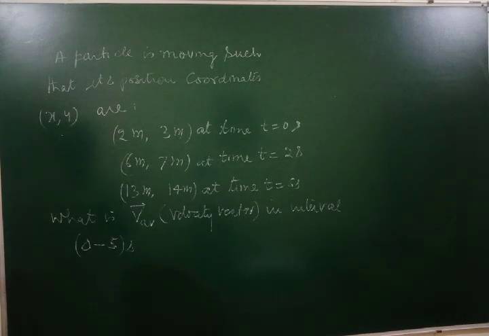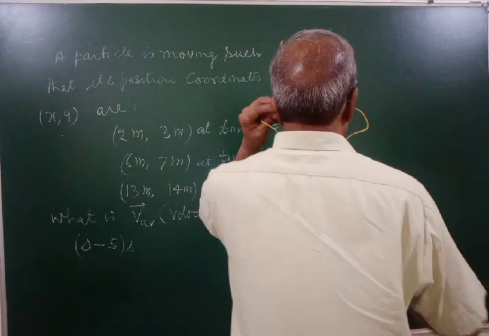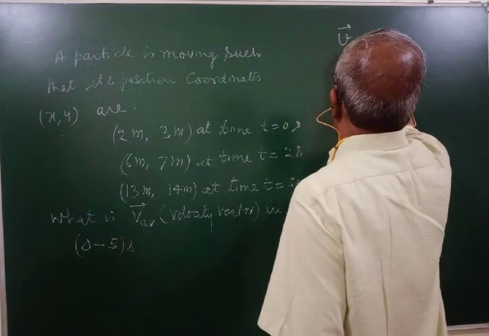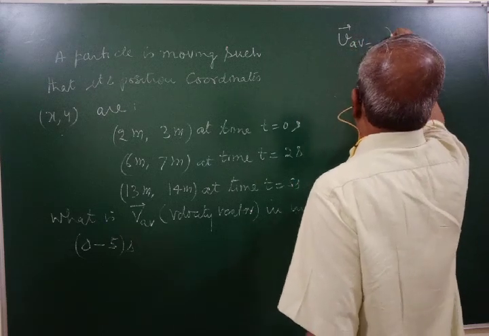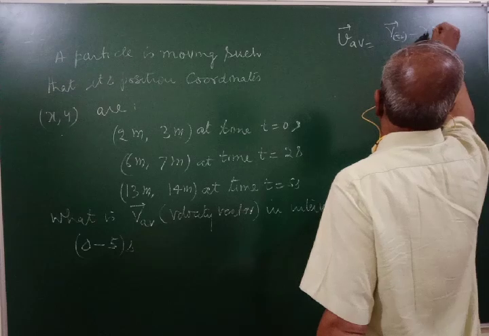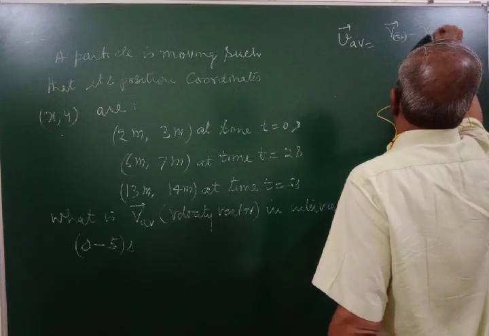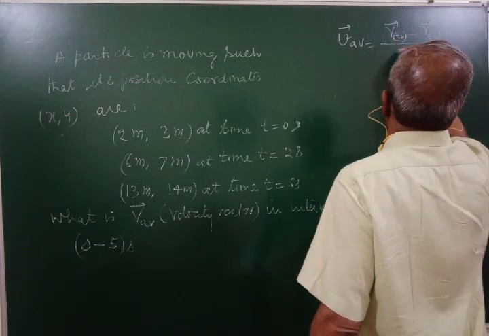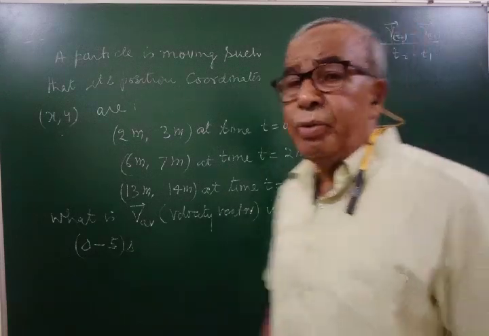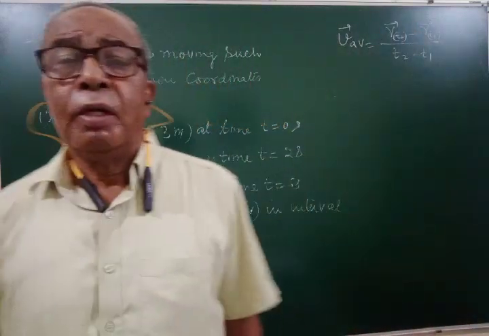By definition of average velocity, you know, average velocity over a unit of time, V average is given by r(t2) minus r(t1) upon t2 minus t1. You know why I am giving this question to you?